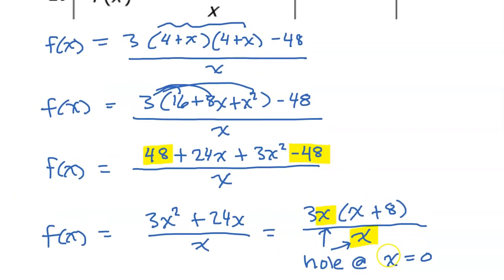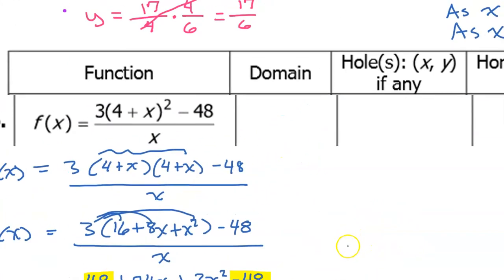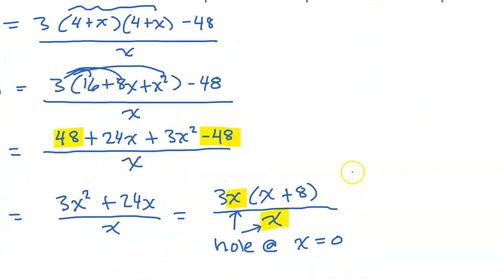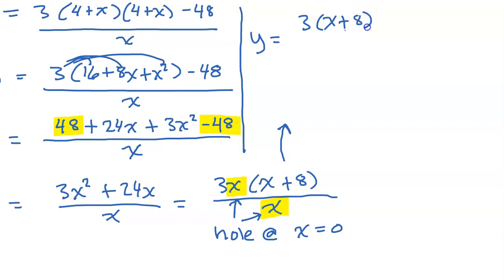I do need to figure out what the y value is. So right now I know there's going to be a hole at 0 comma something. Now what about the y value? In order to find the y value, I'm going to use the remaining part of the function. So y will equal 3 times x plus 8.